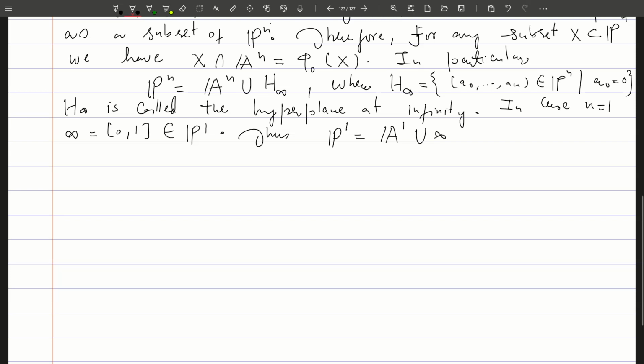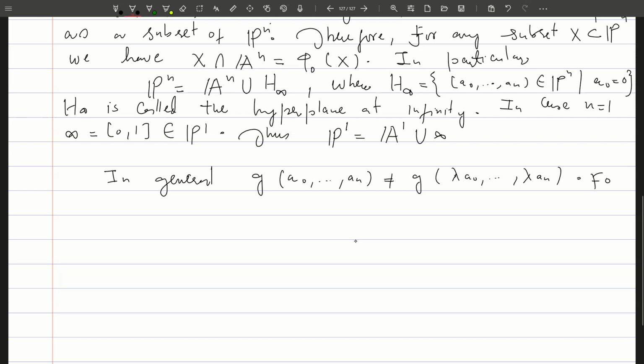Unlike the affine case, a polynomial g in the polynomial ring in n plus 1 variables does not define a function on Pn, because in general g of a naught through an is not going to be equal to g of lambda a naught through lambda an for some lambda not equal to 0.